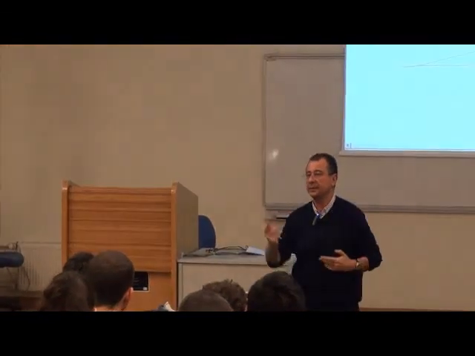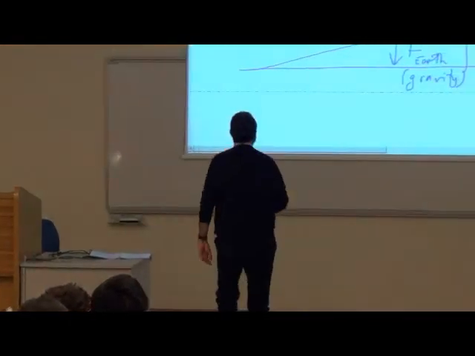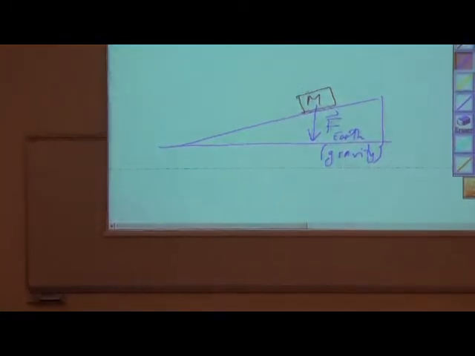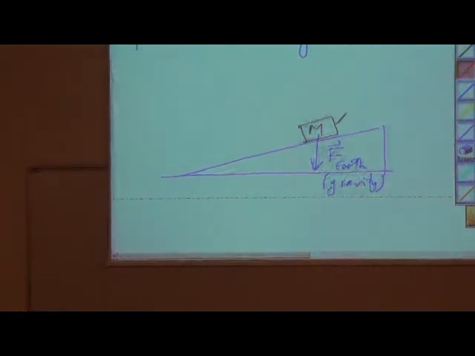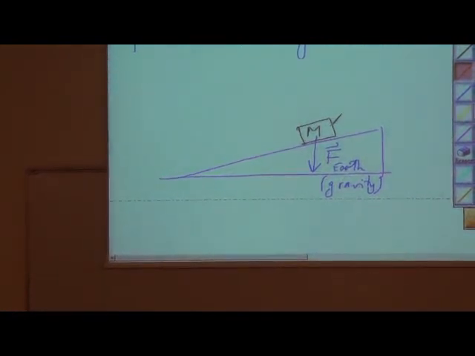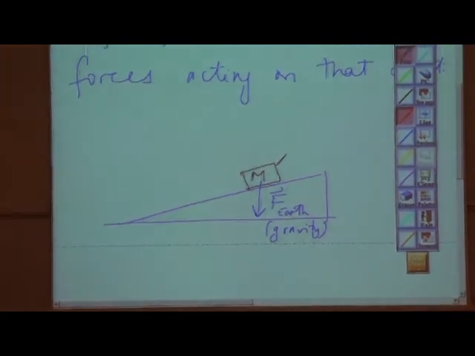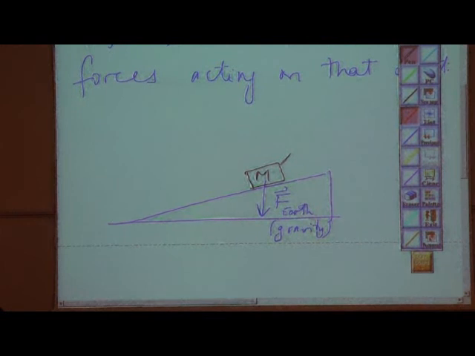What other objects? Okay, friction. Friction is one of the interactions with what? With the incline. Okay, so here I put friction, and the direction of friction will be opposite to the direction of motion. That's what we learned from experiments. The direction of motion will be down the plane, so the direction of friction is up the plane.